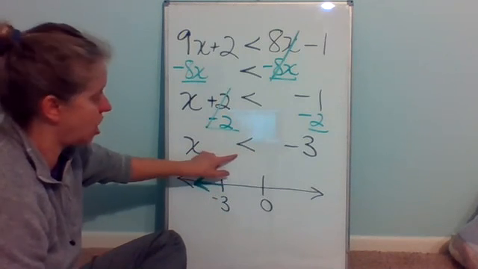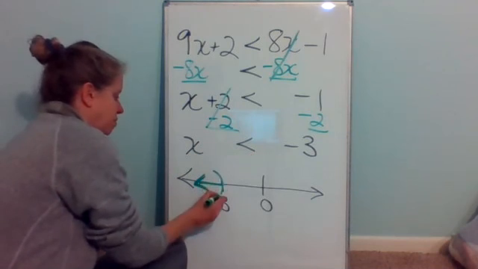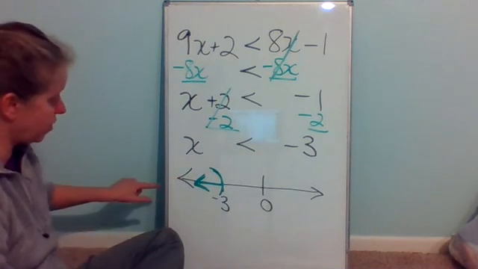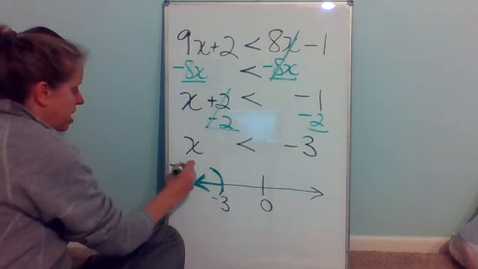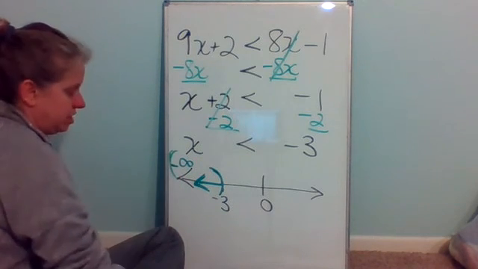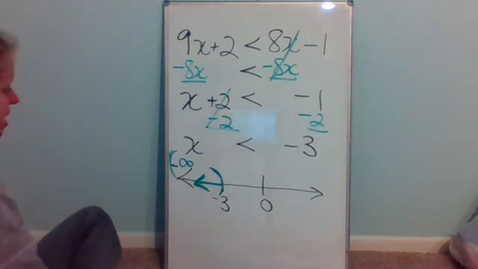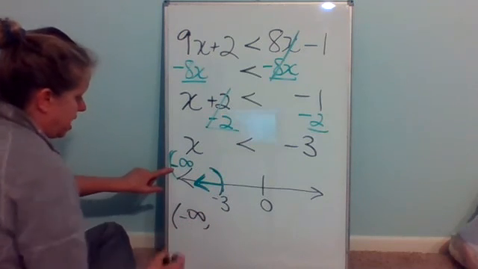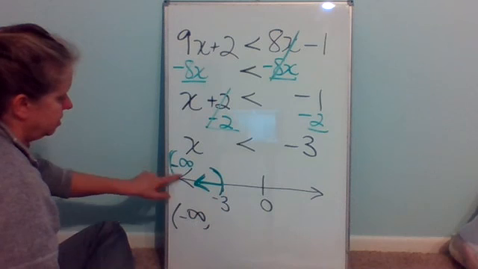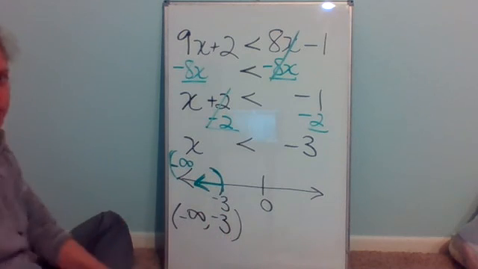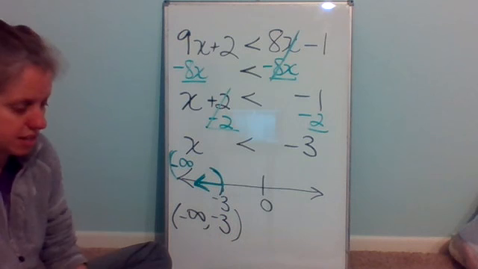Since I don't have an equal to bar, it's going to have a parenthesis. If the arrow goes forever to the left, it's going all the way to negative infinity, and infinities always have parentheses. So my interval would be negative infinity to negative 3, and both of them have parentheses. Okay?